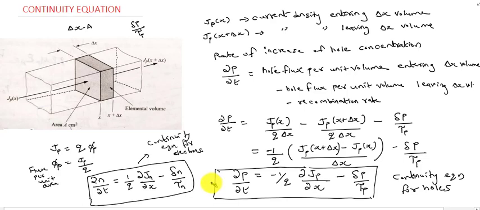From these two equations we can derive one more equation, that is the diffusion equation, by substituting the values of Jp and Jn, the diffusion current density values for electrons and holes. If we substitute the values, then we get an equation known as the diffusion equation. So we can derive that equation also.